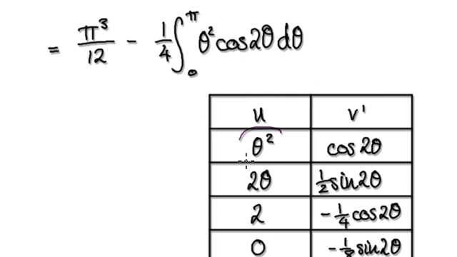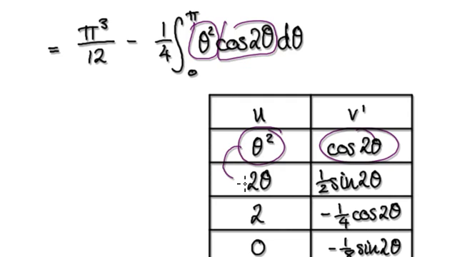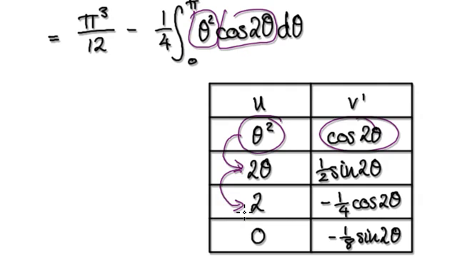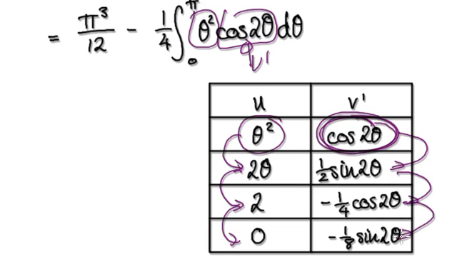Using the table method, set this to be u, set this to be v prime, and then differentiate this, and then differentiate this, and then differentiate this. Set this here to be v prime, so v prime is this. Now integrate this, and then integrate this, and then integrate this.